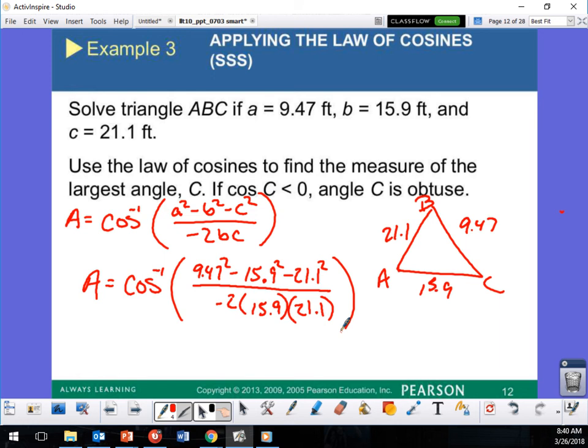It's a pattern. So if you were trying to find B, it would be B equals cosine inverse of B squared minus A squared minus C squared. It doesn't matter if the C's or A's are switched, as long as the first one is what you're trying to find.